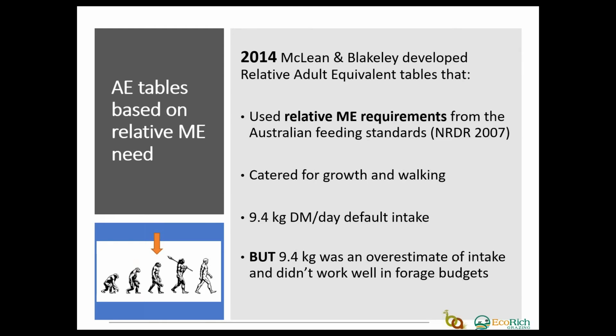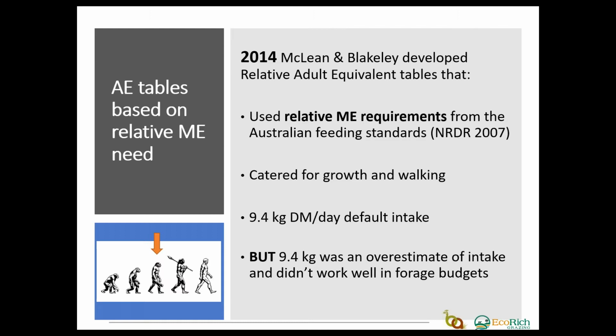In 2014, Ian and Shane Blakely went to the system of using the relative energy requirements of cattle to develop adult equivalent tables, and those tables catered for growth and for walking. Their intention was to use this in business-related studies, so they wanted to use adult equivalents to compare enterprises, properties, businesses, and so forth.